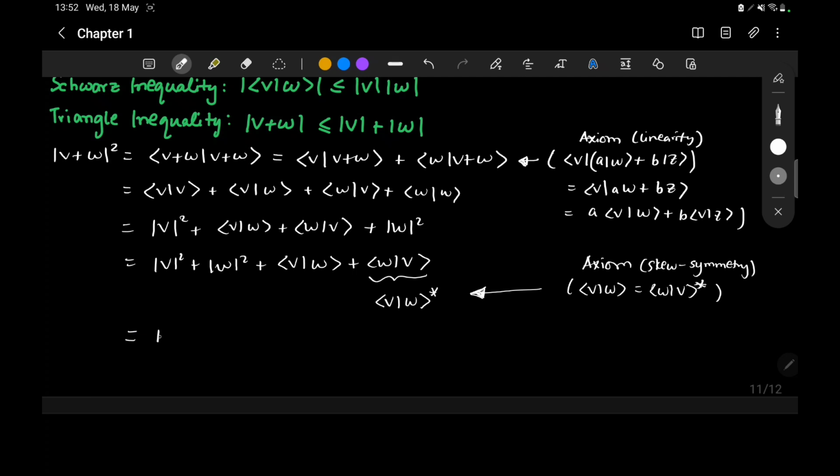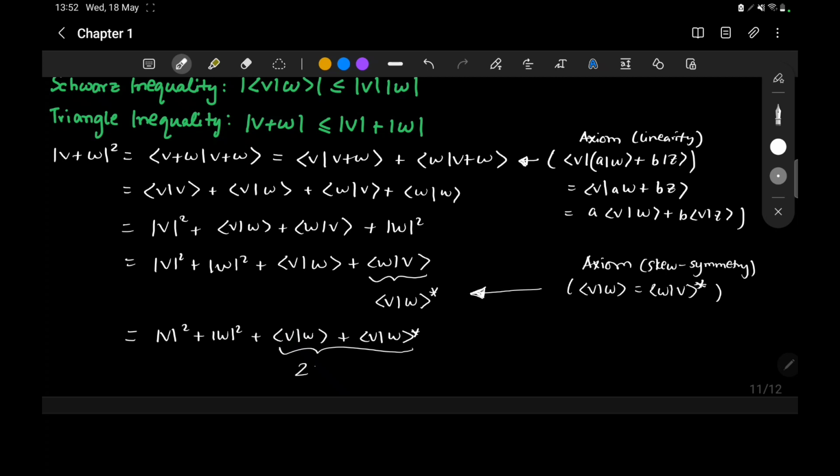What do we have? Now this, if you see, it is a number. This inner product gives you a number plus the complex conjugate of the number.